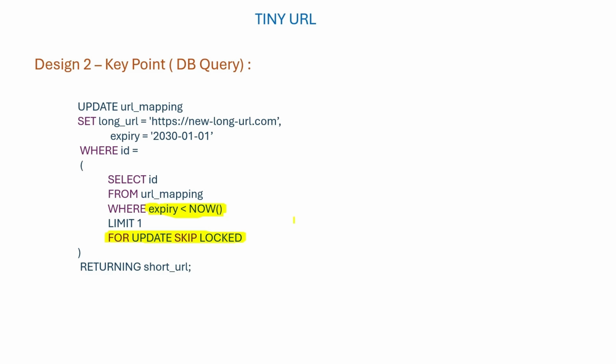To avoid this data loss, in our short URL determining strategy, we should always look for a row which is not locked. And once we find the row, we should immediately grab the lock and then start updating so that there will be no collision here.